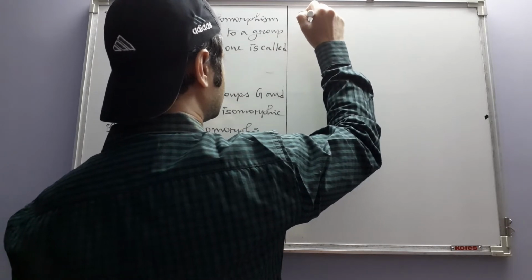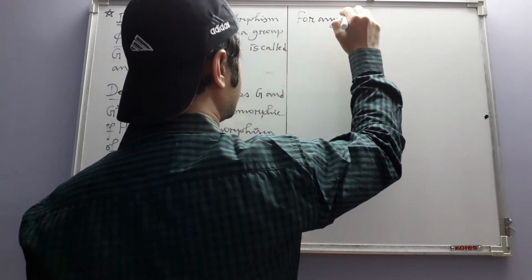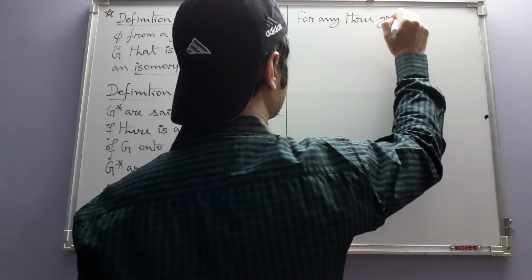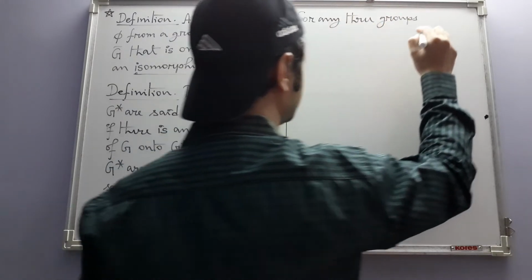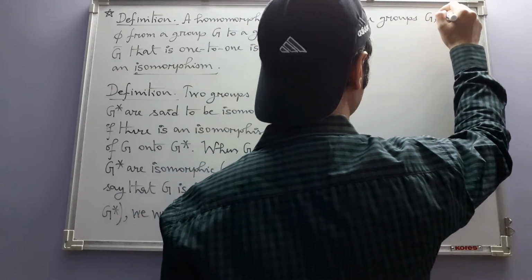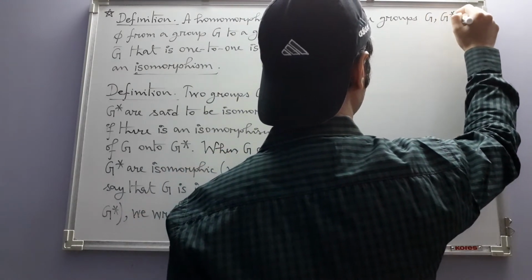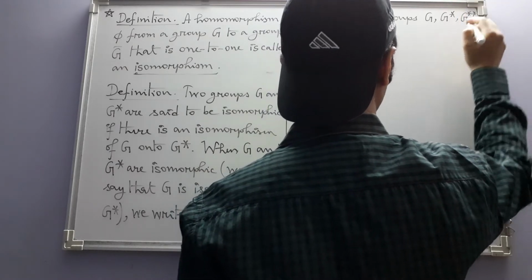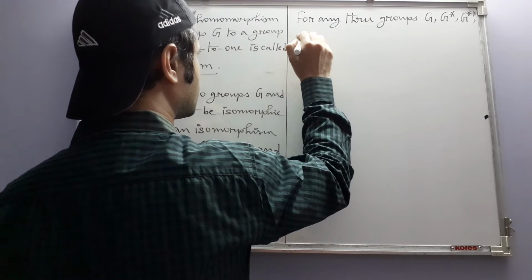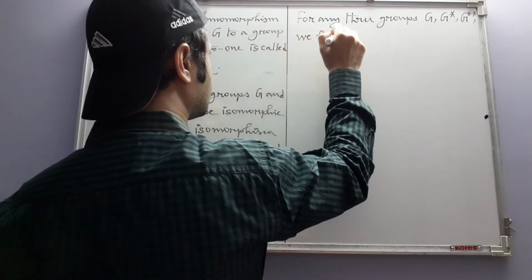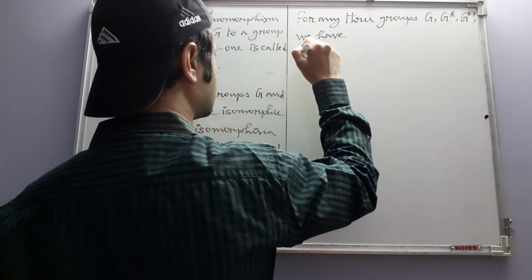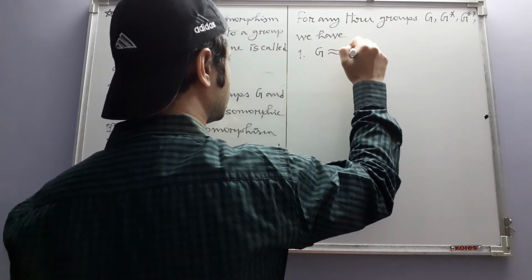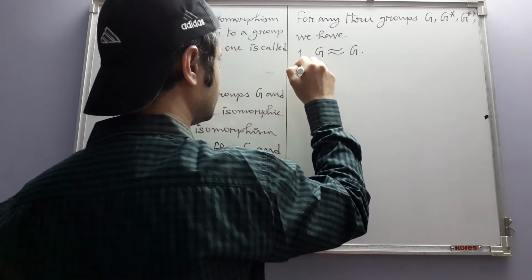For any three groups G, G star and G double star, we have these facts. Number 1, G is isomorphic to itself.